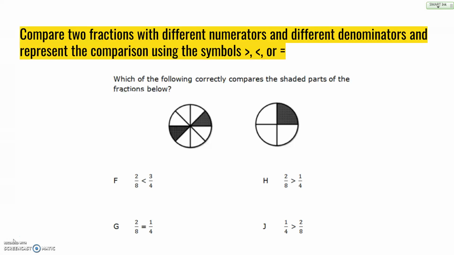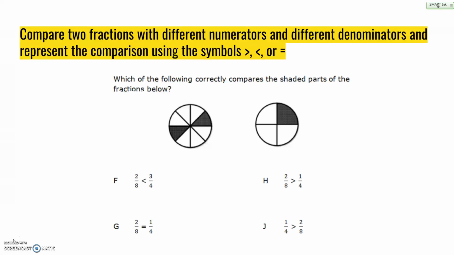2/8 is less than 3/4. So they have to look at that. And first of all, neither of the fractions are shaded to represent 3/4. So they're going to throw that one out. Then 2/8 is equal or equivalent to 1/4.